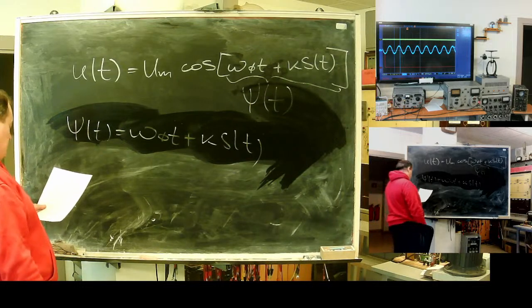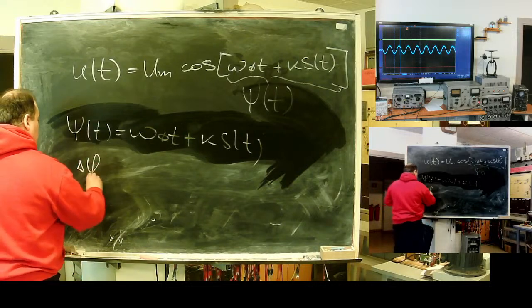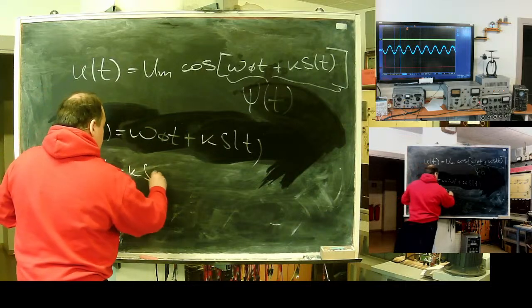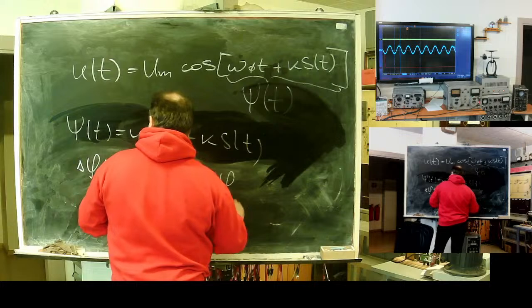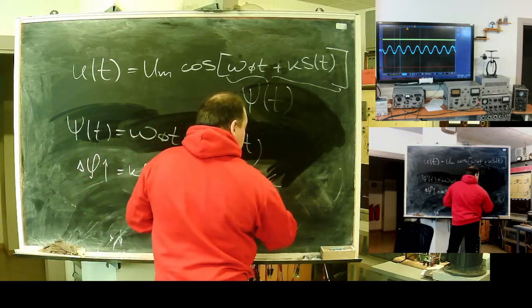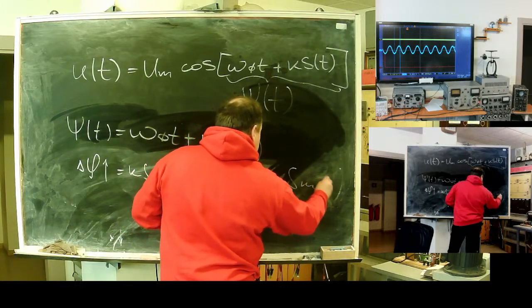We will see a deviation, delta phi up as K s max and delta phi down as K, modulation depth, as min.